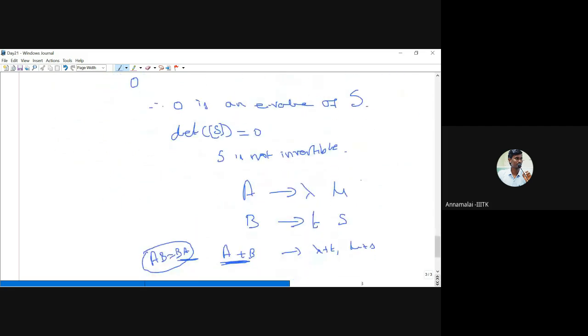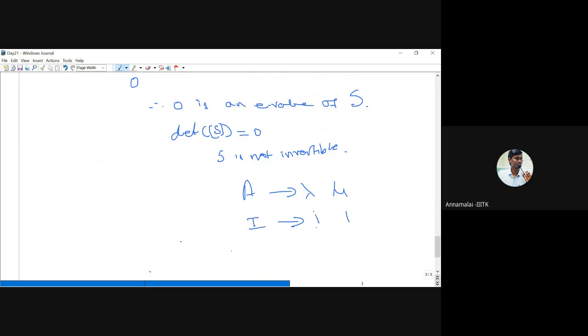But it always holds if we take one matrix as T and the other as the identity matrix. In general this is not true. Simply, suppose A is a matrix whose eigenvalues are lambda and mu, and B is a 2 by 2 identity matrix whose eigenvalues we know are 1, 1.